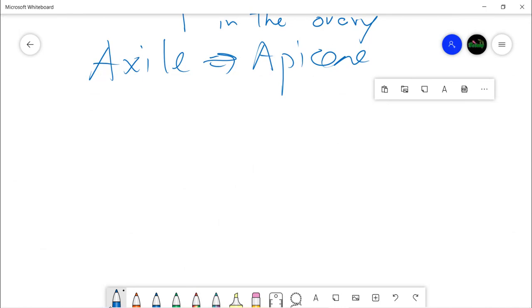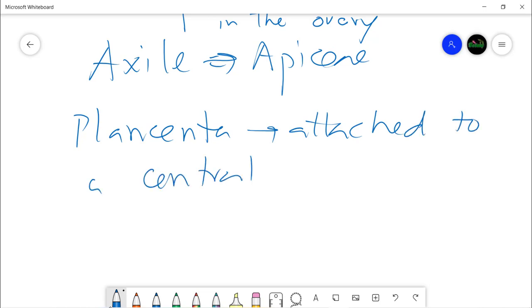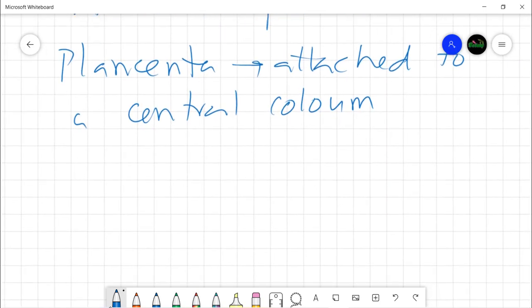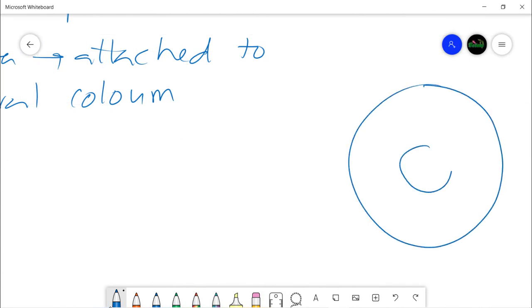In axile placentation, the placenta are attached to a central column. There is a central column in the ovary, so we have the ovary and there is a central column.